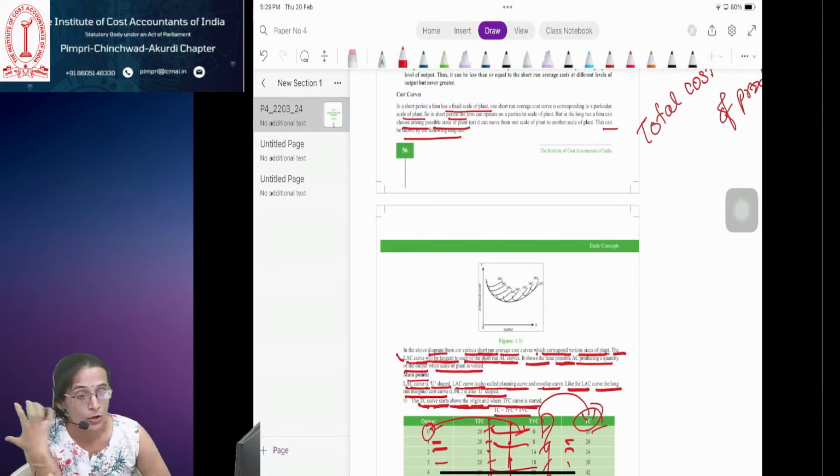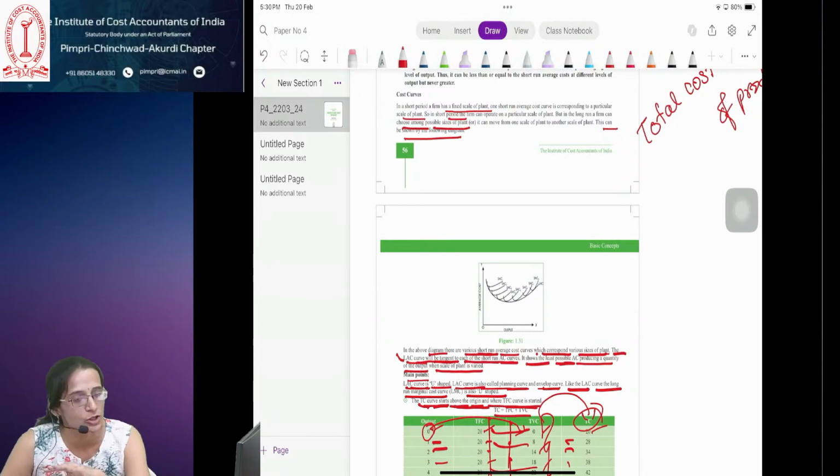If the input factors increase on a large scale, the output will also increase on a large scale in the long run. But in the law of variable proportion, there is no scale of production. Similarly, in the long run we have scale of production, but in the short run we don't.